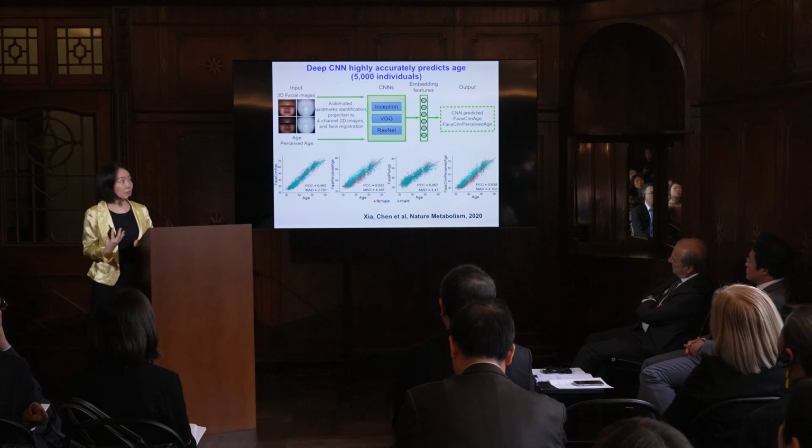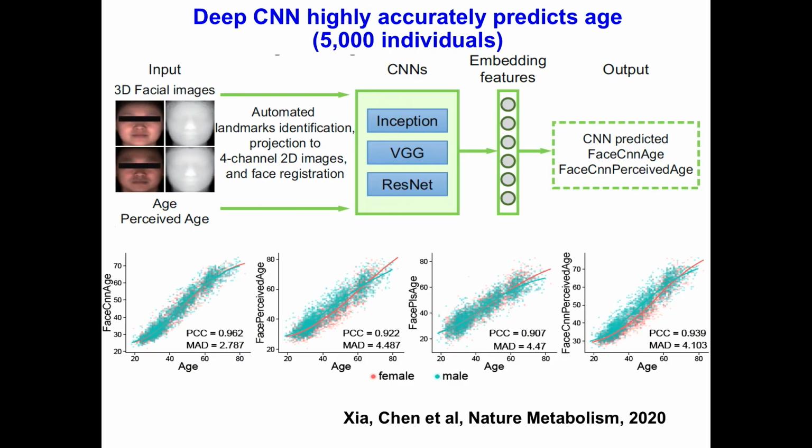And more recently, we have now expanded this analysis to a much larger cohort with 5,000 individuals. Now we can use AI instead of a linear model to build an even more accurate clock. With this clock, the error reduced to 2.8 years relative to the chronological age. And in this cohort, we also introduced another clock, the so-called perceived age.